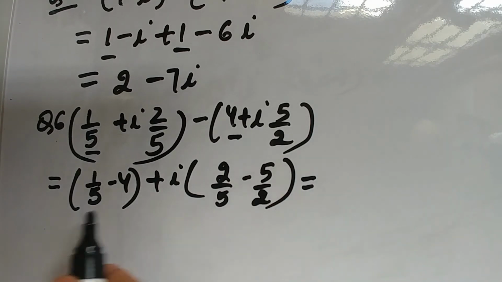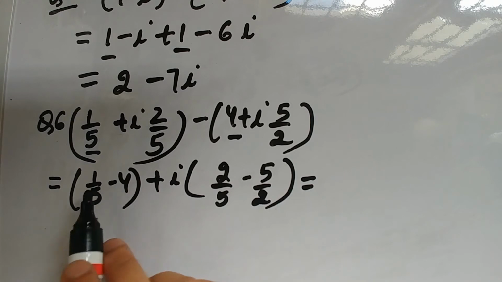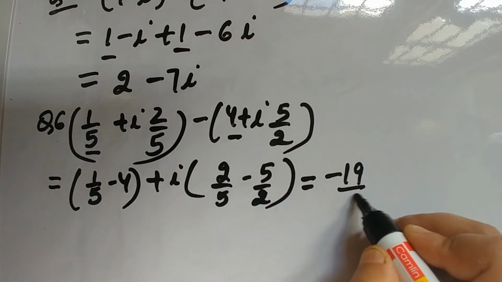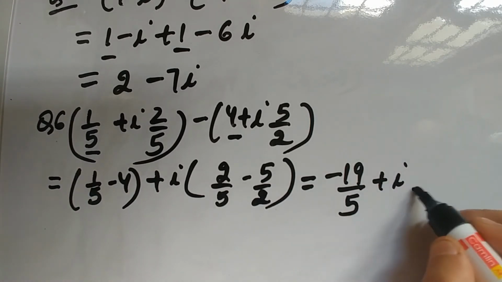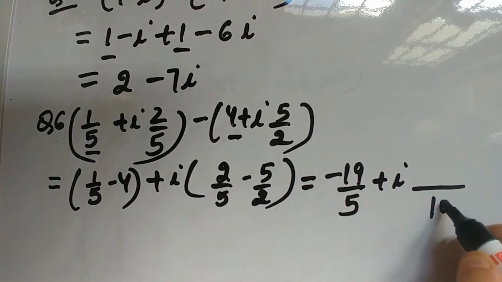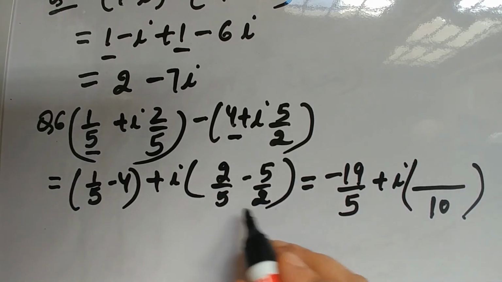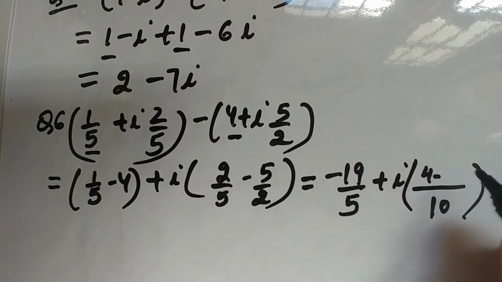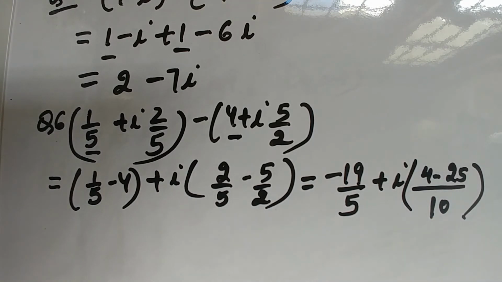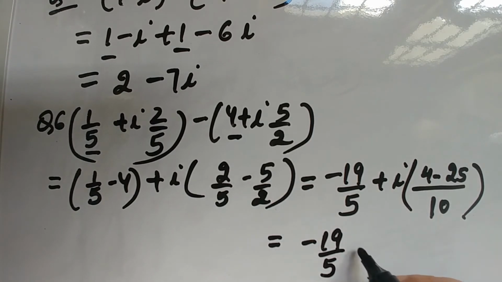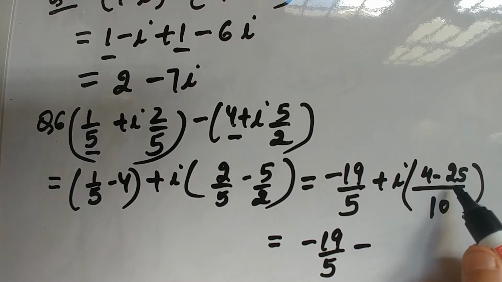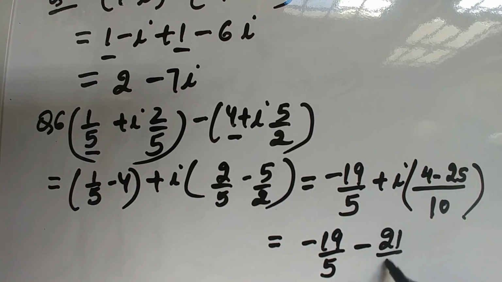So it becomes 5 4s are 20, minus 20 plus 1 is minus 19 by 5 plus iota. The LCM will be your 10 and it will be like 4 minus 25. So it is minus 19 by 5 plus, but I'll get the minus sign here as it is your minus 21. So it is minus 21 by 10 iota. So this is how question number 6 will be solved.